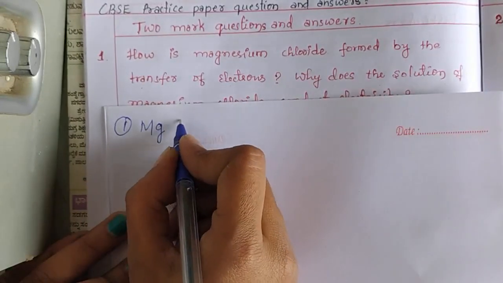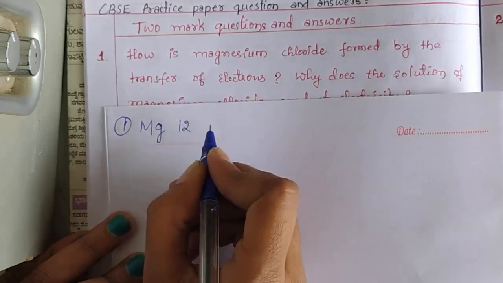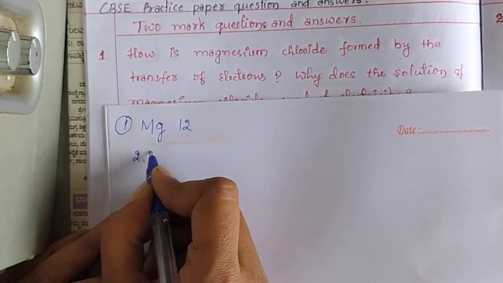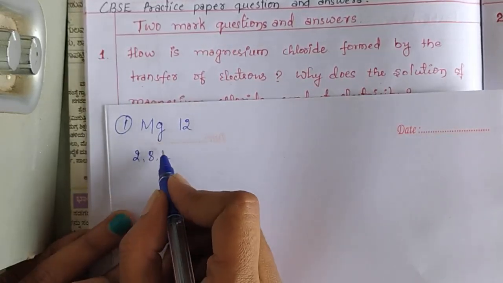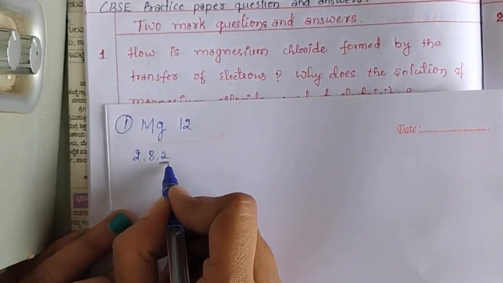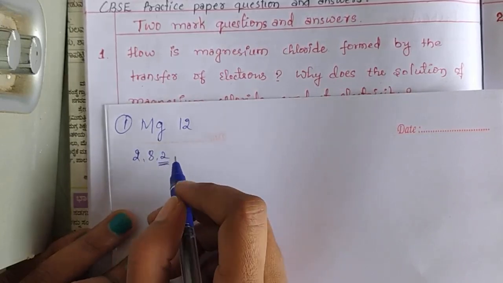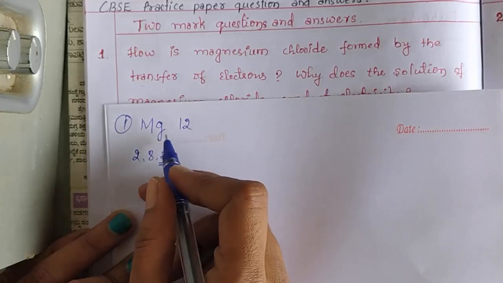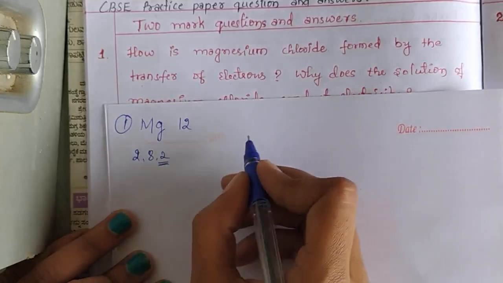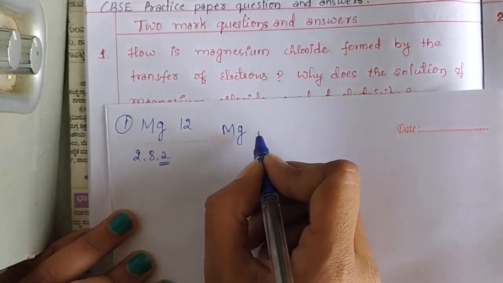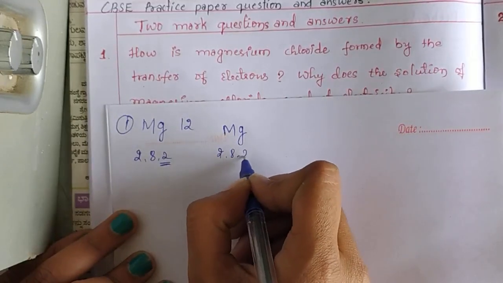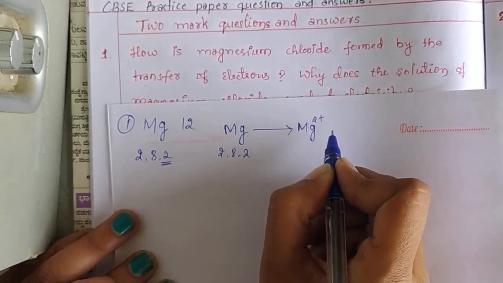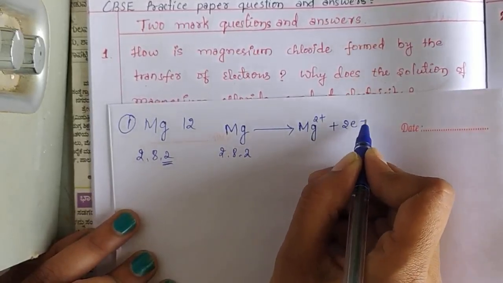Magnesium has atomic number 12 and its electronic distribution is 2, 8, 2. This magnesium has 2 electrons in its outermost shell, and these electrons can be easily lost. So magnesium loses these 2 electrons and forms a magnesium cation.